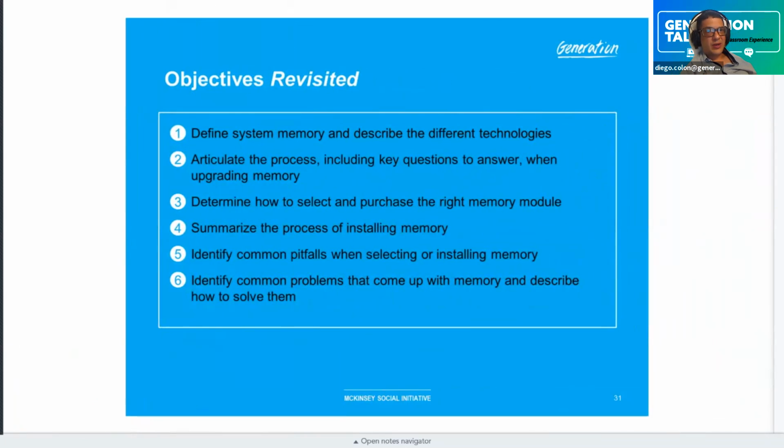Determine when to purchase and what are the right modules. As we said, we have to look at the motherboard manual, online or wherever it is, to decipher what is compatible with this motherboard. Summarize overall how to install and identify our common pitfalls and problems. Any questions or doubts?